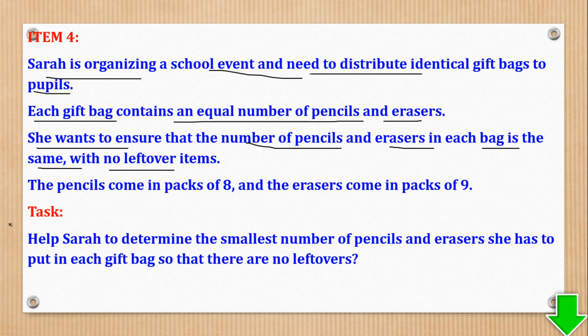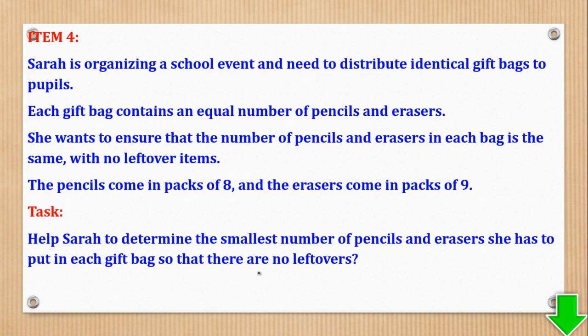Okay. The pencils come in packs of 8 and the erasers come in packs of 9. Task: help Sarah to determine the smallest number of pencils and erasers she has to put in each gift bag so that there are no leftovers.